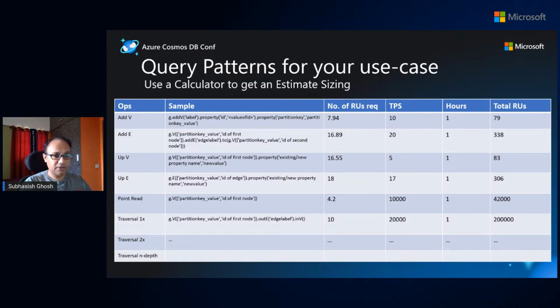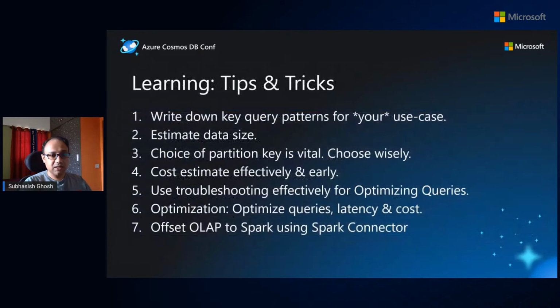That's also one of the tips or design decisions, and it's the last slide I have, with some of the key learnings we picked up as we built the use case. We wrote down the key query patterns, effectively estimated data size, chose the partition key effectively, tweaked a couple of pilots, estimated effectively and early, which is very important, and then optimized for query latency and cost.